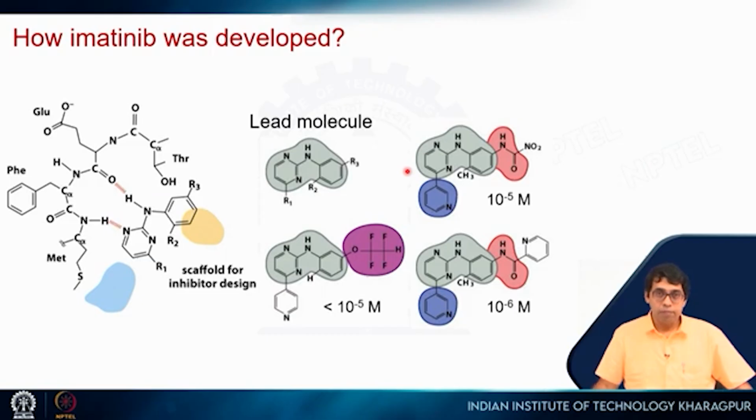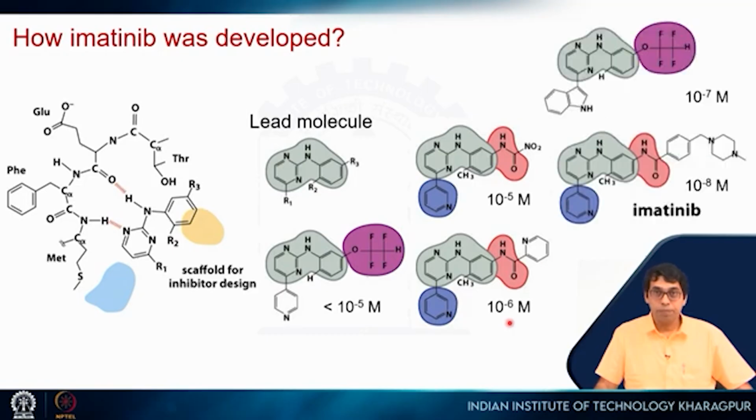Other molecules that, let us say, show up from this library look like this. This is 10 micromolar, this was less than 10 micromolar, this is 10 micromolar, this is 1 micromolar, which is getting better. And finally, we have something which is 100 nanomolar, so 10 times tighter, and then we have imatinib, which is 10 nanomolar, right.